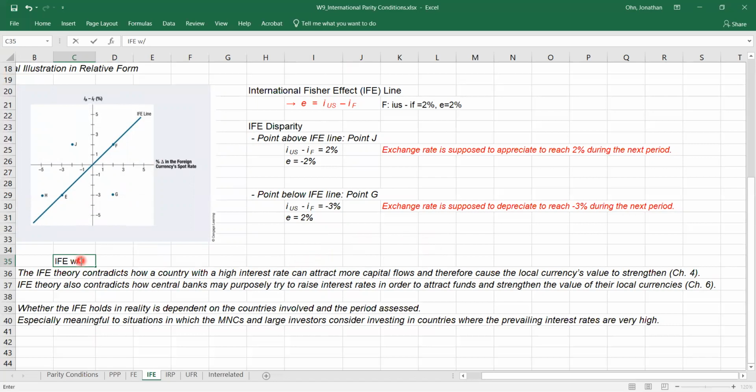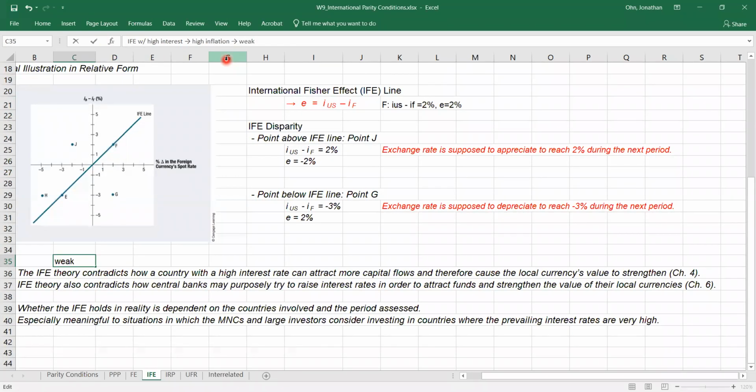IFE with high interest rate, that will lead to high inflation, and then that will lead to weak currency, right?